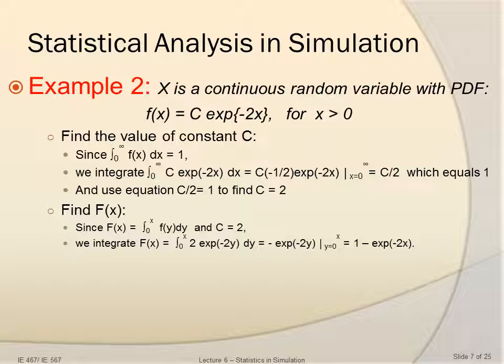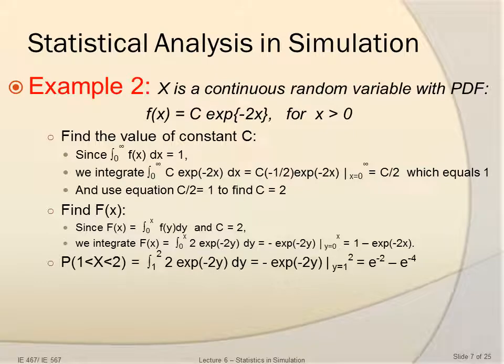And so when we plug in the values, we get 1 minus the natural exponent of minus 2x. And so that is our function F of x. Notice that again this function is defined for x more than 0, and it's 0 otherwise, which means it's 0 when x is less than or equal to 0.